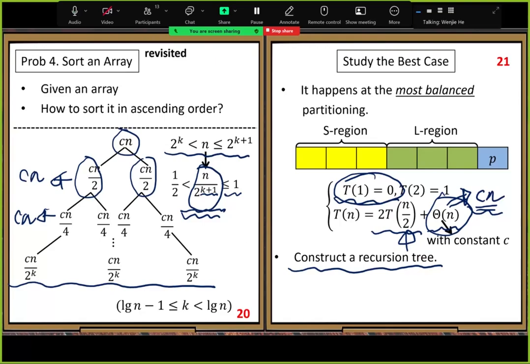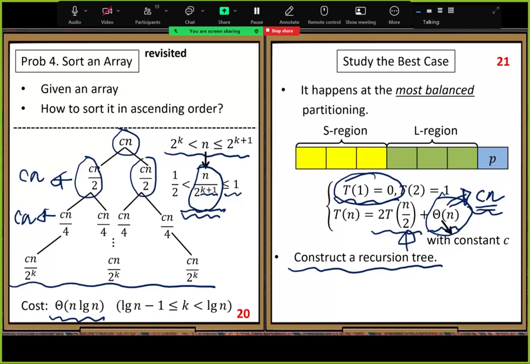Then you combine all the recursion cost from all the levels. Approximately K times Cn. With the constant C, when you use the asymptotic notation, big theta, you do not use the constant C. So the total comparison cost is big theta of n log n.